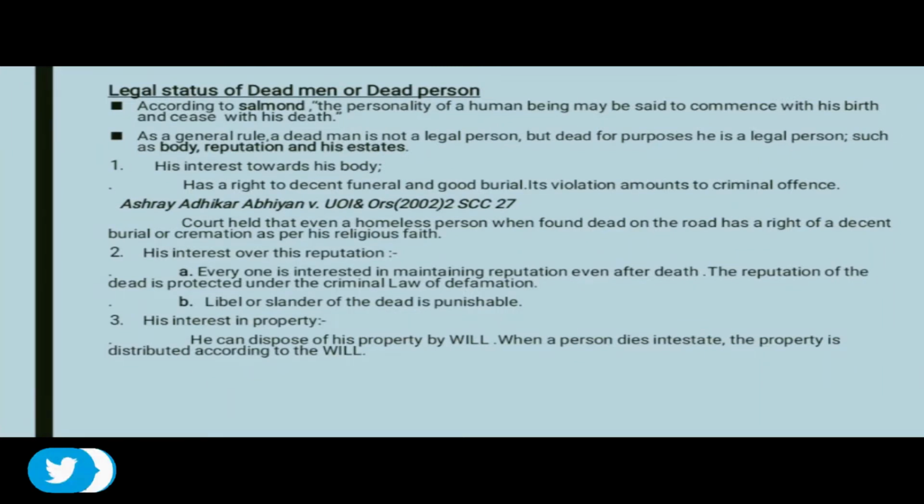This was held in Adhikar Abhiyan versus Union of India and others, 2002. The court held that even a homeless person found dead on the road has a right to a decent burial or cremation as per his religious faith.